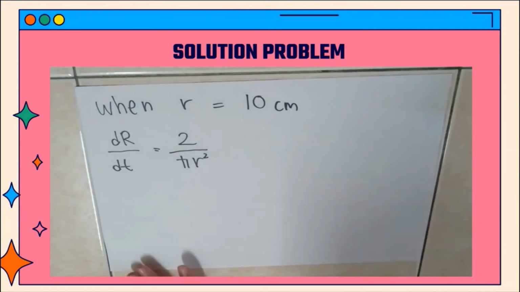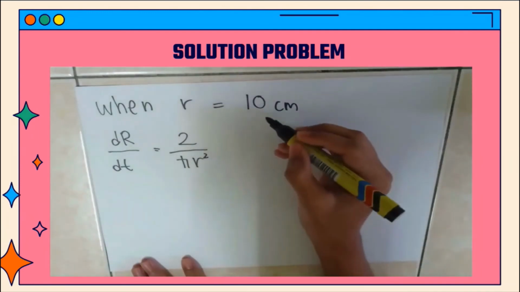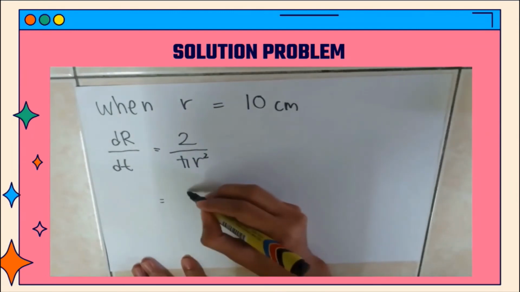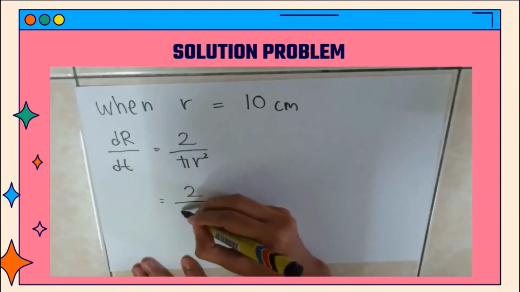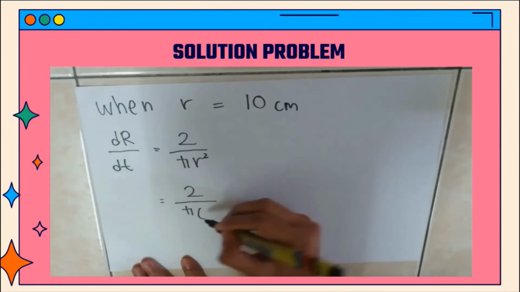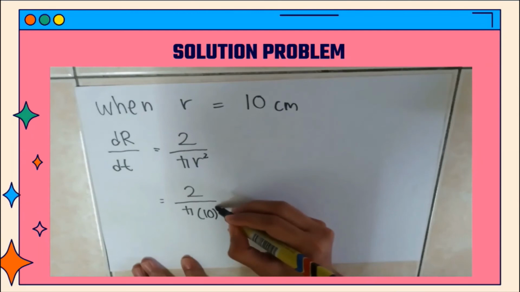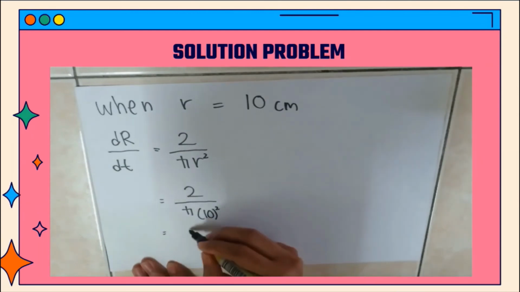So we substitute it for r, and it becomes 2 over pi multiplied by 10^2. We get the answer 2 over 100 pi.